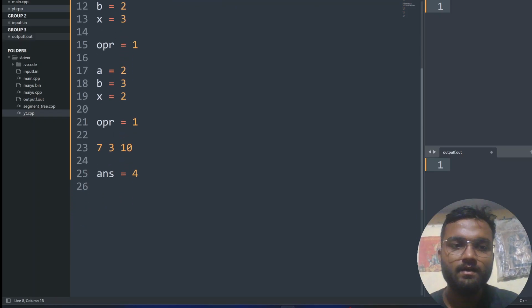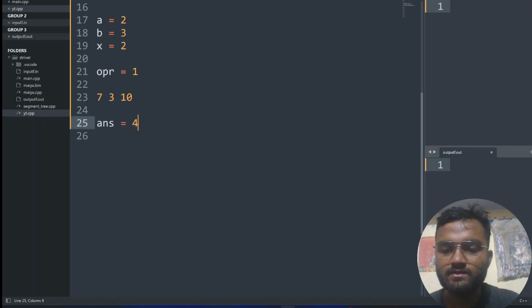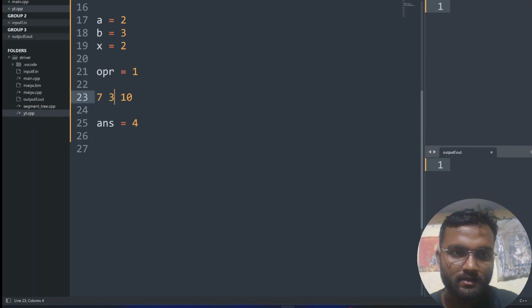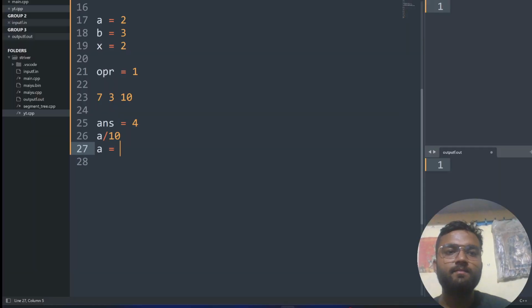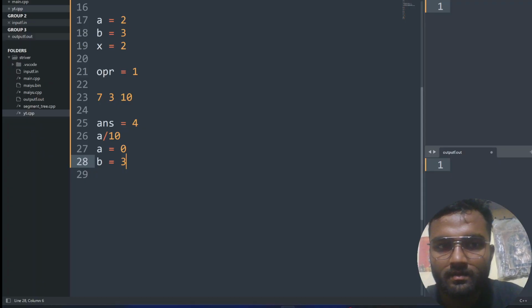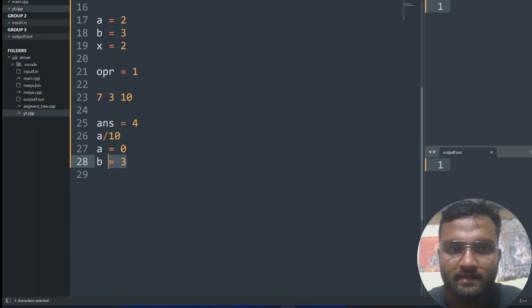Now we can try the second operation. In the second operation we can take any number and divide it by x. What if we divide a by 10? Then the new a will be 0 and b will be 3. In one operation we get a and b like this.